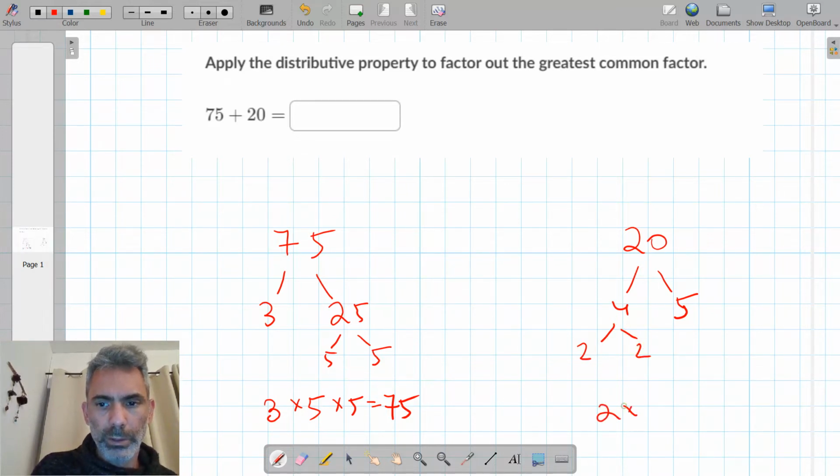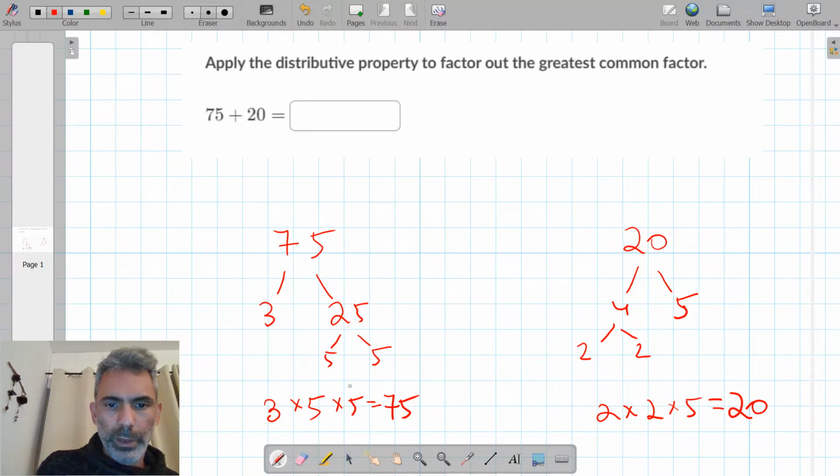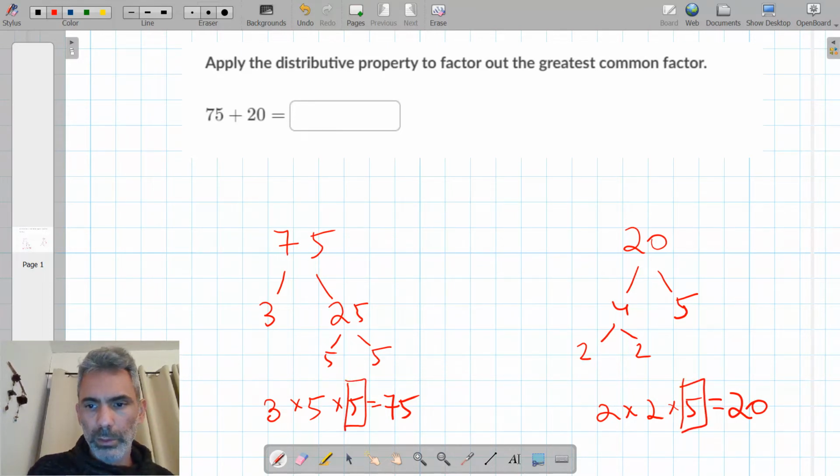So the prime factors of 20 are 2 times 2 times 5. 5 is the only thing that is common in the prime factors of the two numbers.